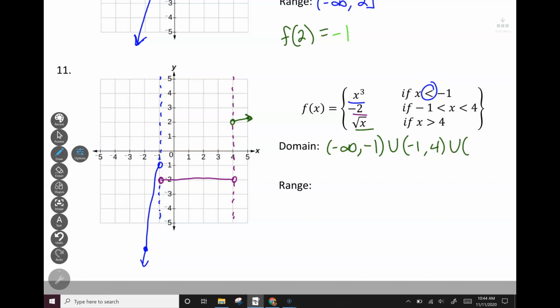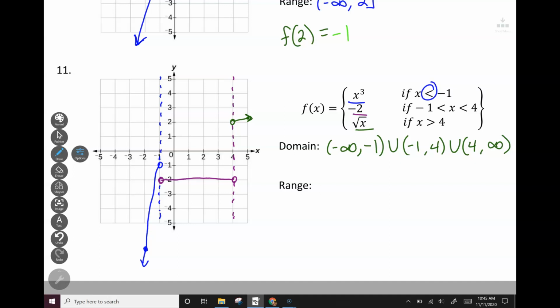Union, start at 4 again on the green line now, and then see it goes on to infinity, so 4 to infinity. So when you have something like that, that just means you're going up to that number, not including that number, and moving on. So we go up to -1, we stop, then we start on the other side of -1 and continue. We just cannot include -1 or positive 4.